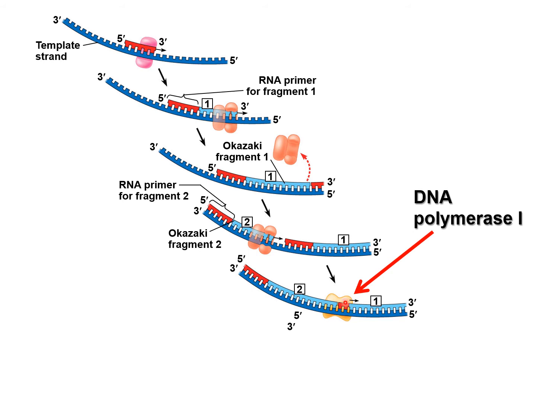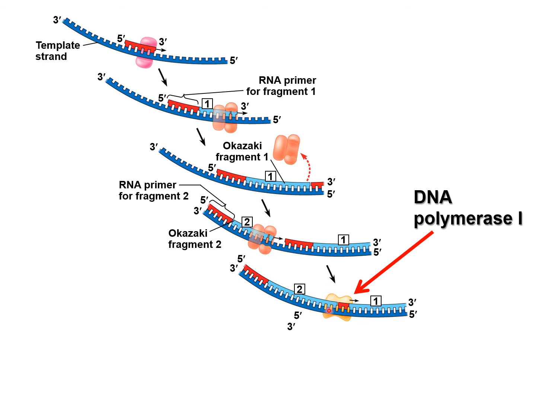DNA polymerase 1 differs from DNA polymerase 3 in a very important way, in that DNA polymerase 1 can synthesize more nucleotides, and it can get rid of the RNA. It has what is known as exonuclease activity. DNA polymerase 3 does not have exonuclease activity.